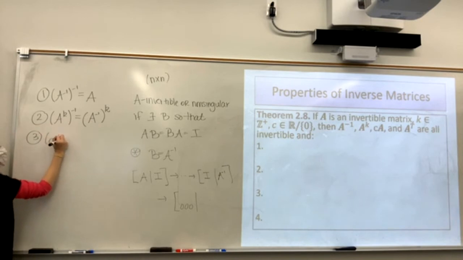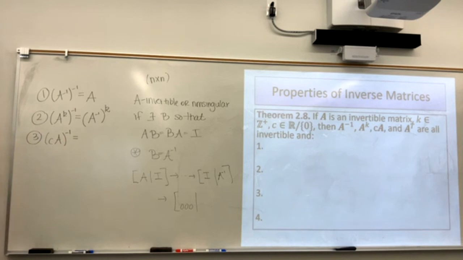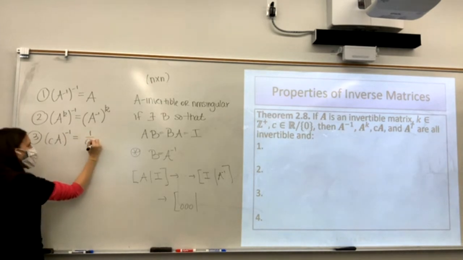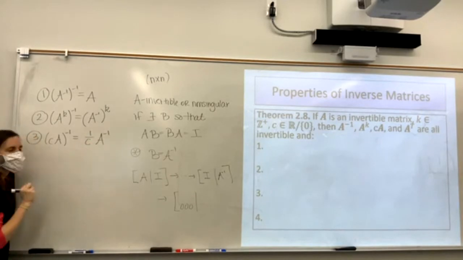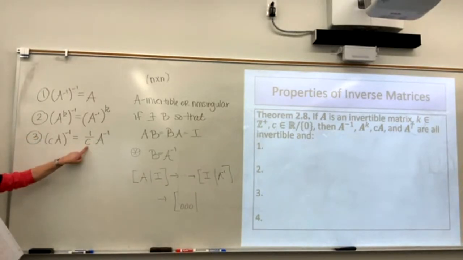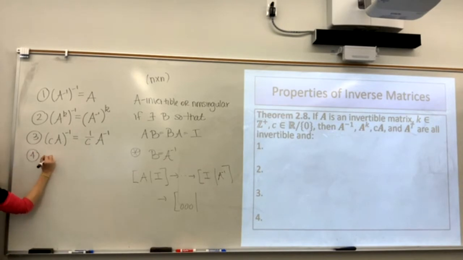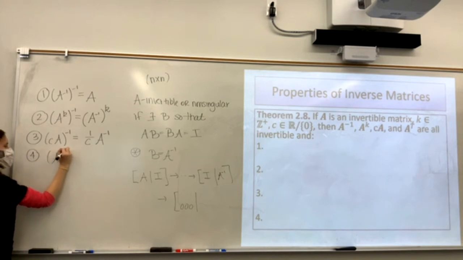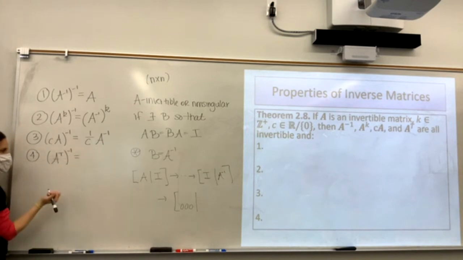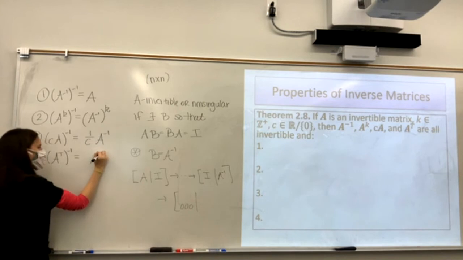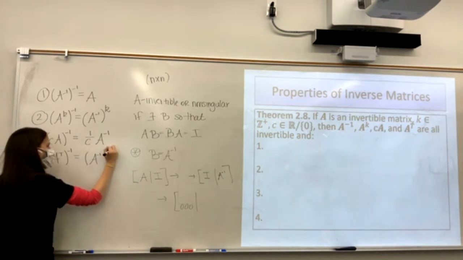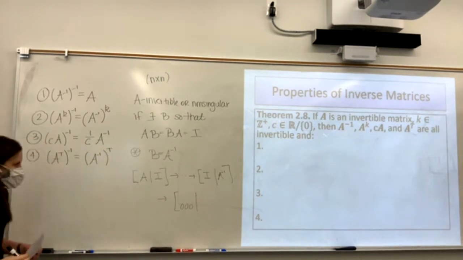Third, if I have a scalar multiple of A and I want to get back to the identity, I'm going to need 1 over C times A inverse. And this is why C had to be a non-zero constant, so that we can divide by C. And last but not least, the inverse of A transpose is the transpose of A inverse.